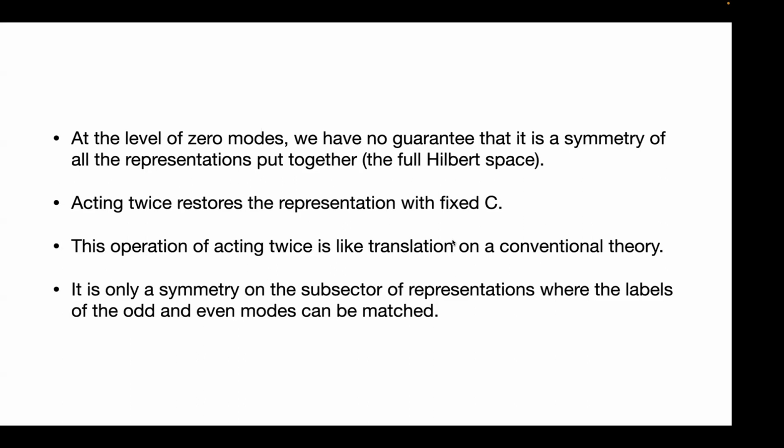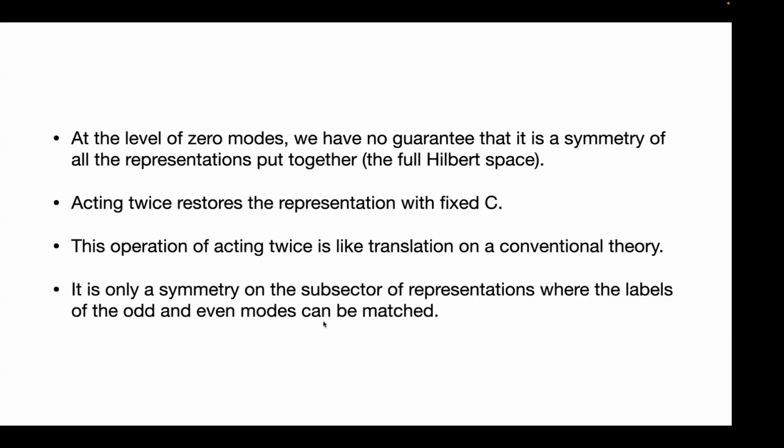There's a translation symmetry, which is acting by two, and then there's also acting by one, which is like a type of square root of the translation symmetry. Okay, so this acting by one, or moving by only one in the Hilbert space, can only be considered a symmetry on the subsector of representations where the even and odd modes of the central elements can be matched.